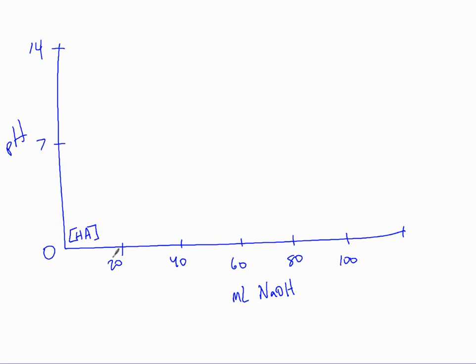A is just the anion, and it's easier than writing propanoate. So all we have is this weak acid. Do we know its pH at the very beginning? We didn't actually calculate it. It's somewhere around 2. So it's not like a strong acid where it'd be 1, 0.5, or 0, but it's still fairly acidic.